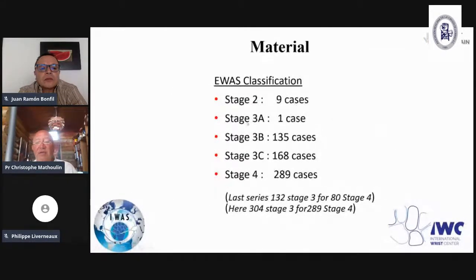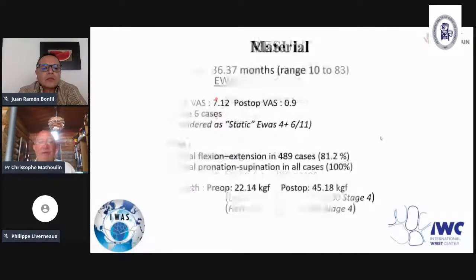According to the stage, there is a majority of stage 3B and 3C. It seems logical. But the last series was a majority of stage 3, and now we have almost the same level of stage 4 to stage 3. So it means we became confident in this technique and we push the indication further and further.